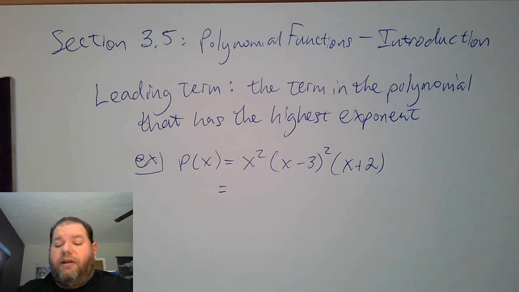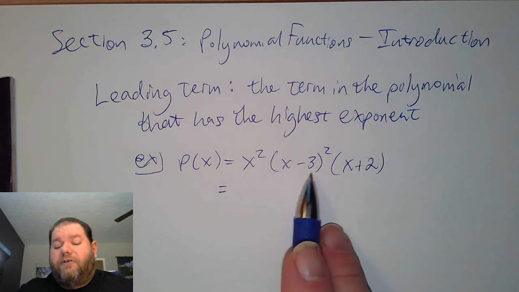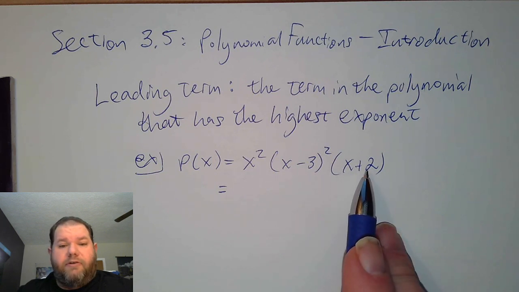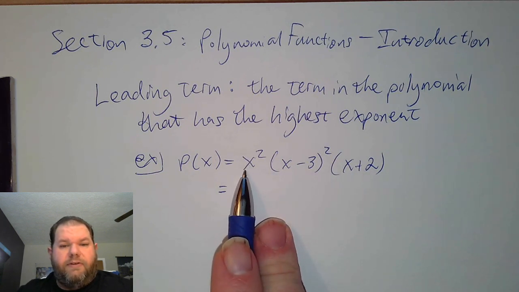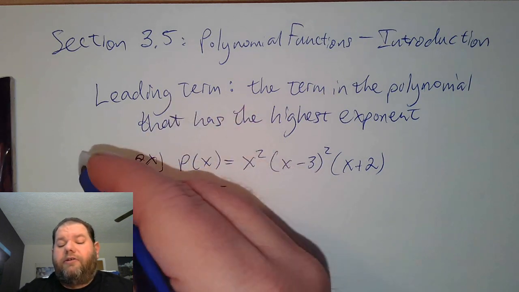That would be tedious, maybe not daunting, though some of you may find it daunting. We would have to square this binomial, multiply by this other binomial, and then finally distribute this x squared. So it would take some time to get the leading term that way. But again, the goal is not to find the entire polynomial, we just want to know what the first term is. We just want to know what the leading term is.